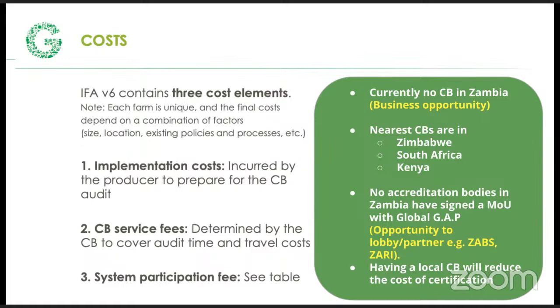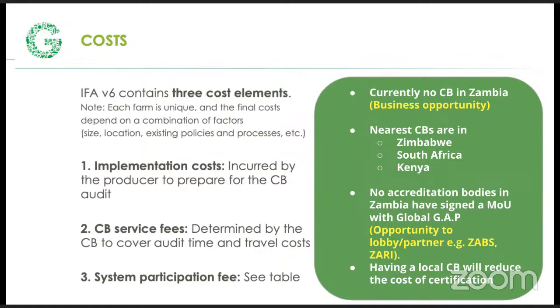And then there's the certification bodies who will have to come to your farm and do inspections. They'll charge you fees, and those fees are independent from what Global Gap is going to charge. Global Gap doesn't tell them what to charge you. It's up to them. It's their business.